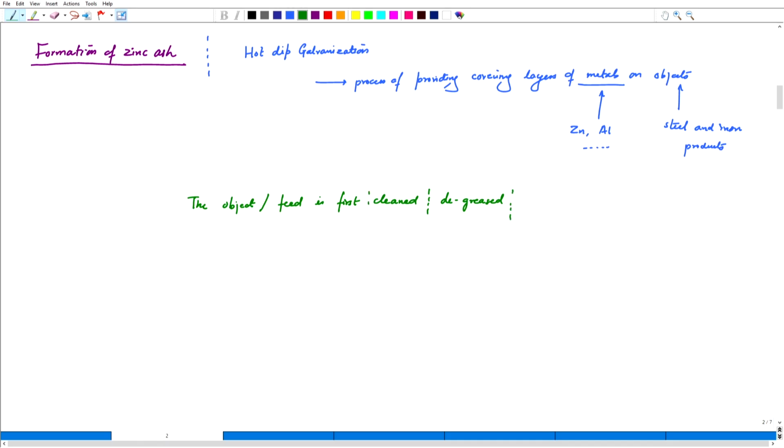So we have the cleaning and degreasing, and then we will have fluxing. So various types of fluxes are used before it is brought into the molten bath. The cleaning is done, at times we can have etching also, and then degreasing is done if at all it is required.